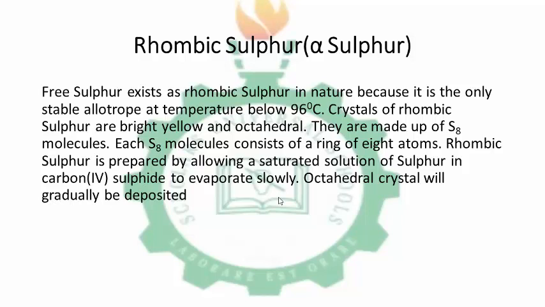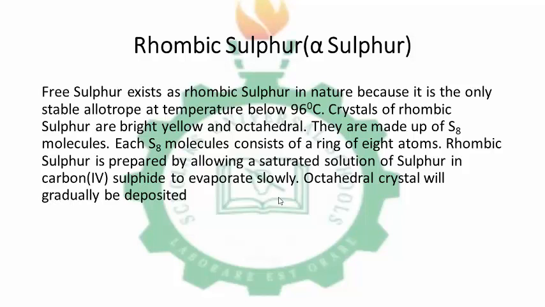And I'm sure that you are aware that room temperature, which means the normal atmospheric temperature, is between 25 degrees Celsius to 29 degrees Celsius. That's why the free sulphur that we have naturally, the naturally occurring sulphur, exists as rhombic sulphur.